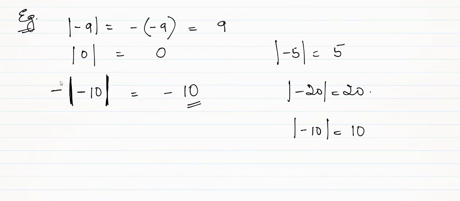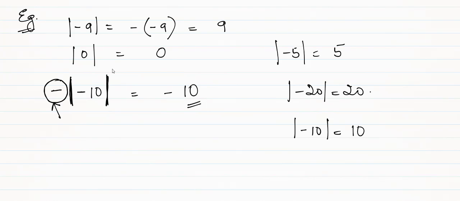But here we have one more minus sign, and this sign will not be affected by the absolute condition. Absolute is helpless in this matter. It will not be able to convert this negative sign to a positive sign, so this will be kept as it is.